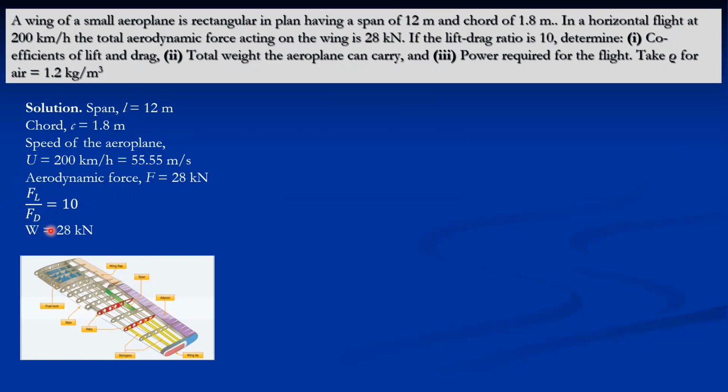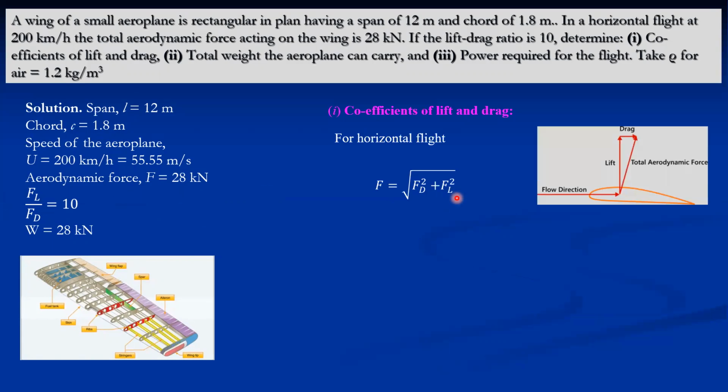Take the density of air as 1.2 kg per cubic meter. We have to calculate the coefficients. We know the aerodynamic force is given as the square root of drag force squared plus lift force squared, for horizontal flight.